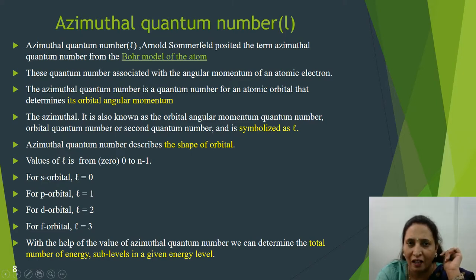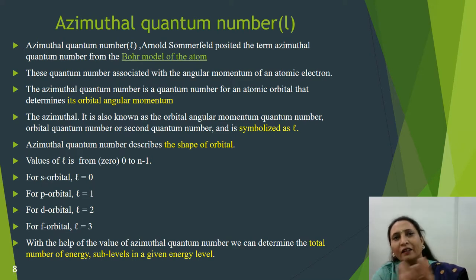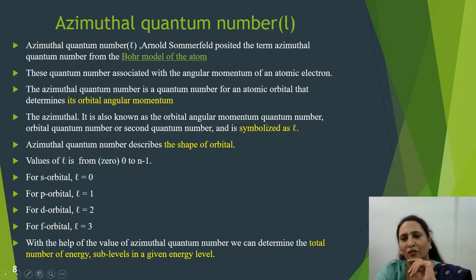So from the l values, you can identify which orbital it is, whether s, p, d or f. With the help of the azimuthal quantum number, you can determine the total number of energy sublevels in the given energy level. So this is the role of the azimuthal quantum number.